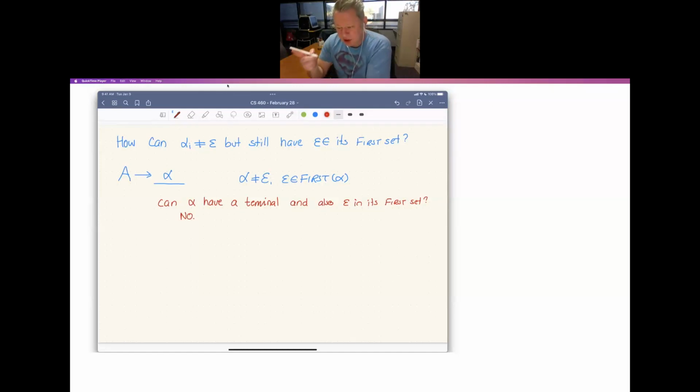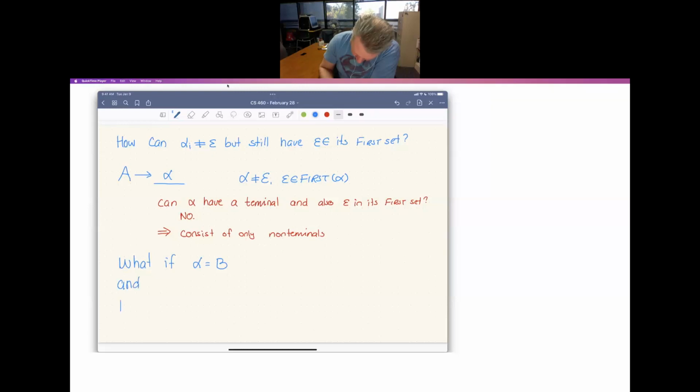So it has to consist of only non-terminals. Right, so couldn't we just pick a non-terminal, a single one? So what if alpha was equal to b, and b goes to epsilon?